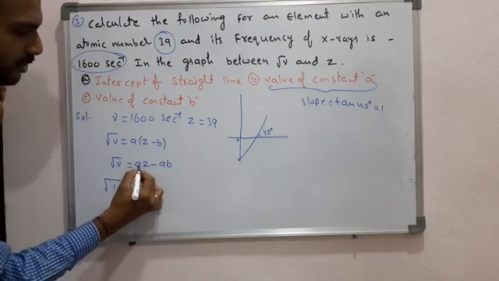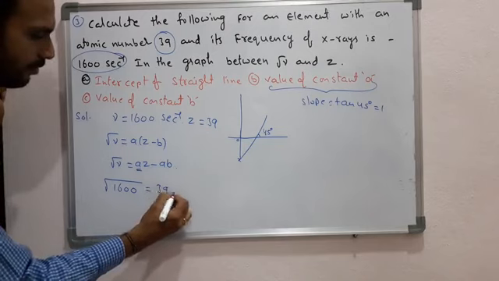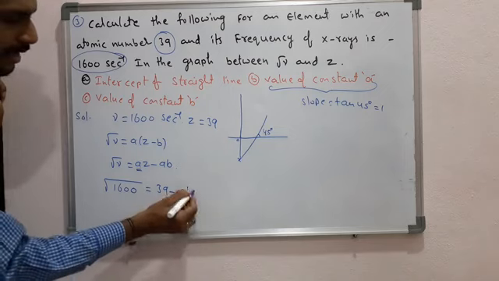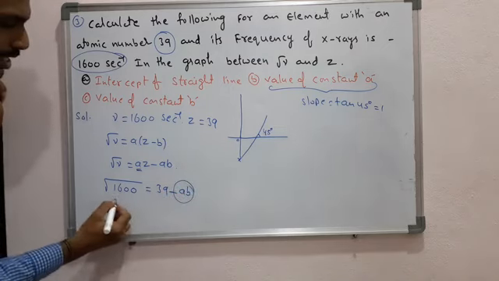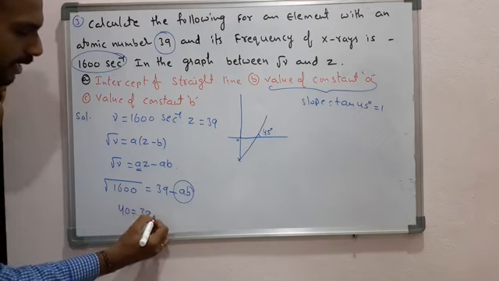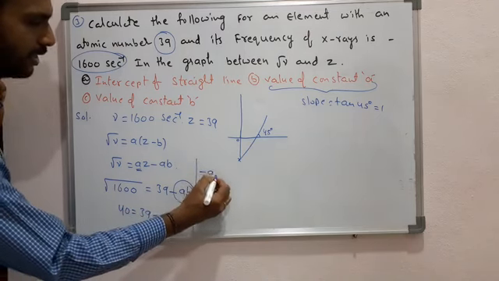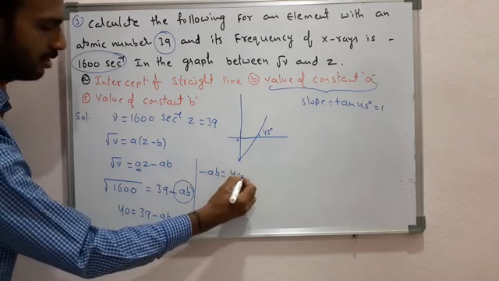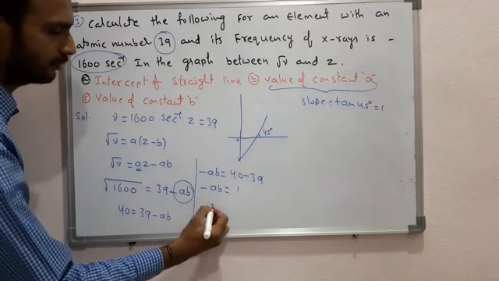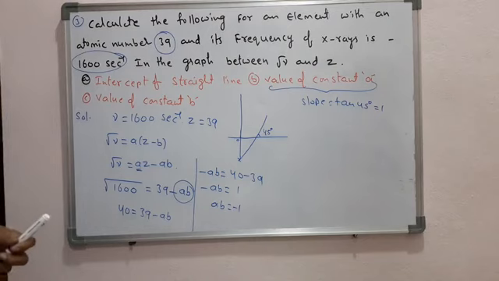So 1 into the Z value, given as 39, minus AB. So we need to find this AB value. Root 1600 means 40, equal to 39 minus AB. So minus AB is equal to 40 minus 39.